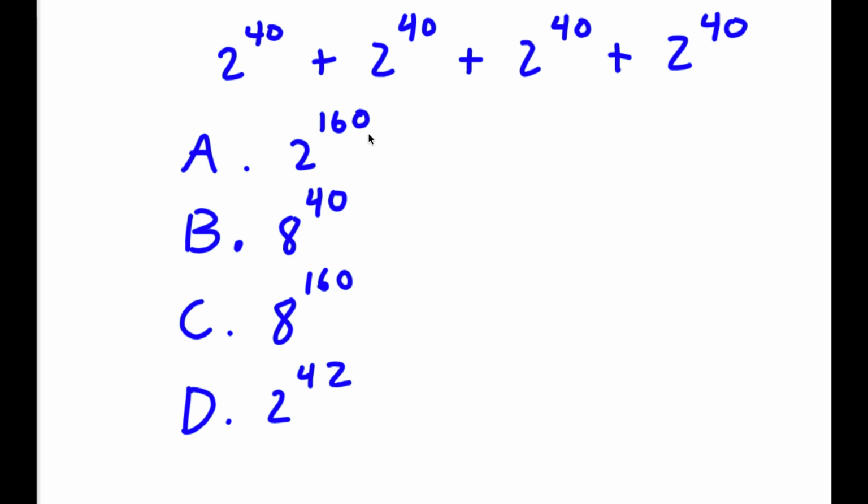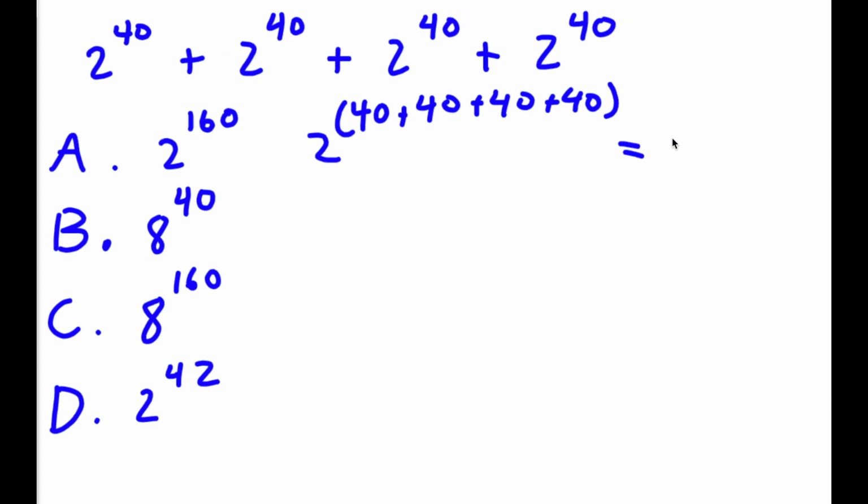Alright, so let's try and check every option choice. So for 2 to the power of 160, how you get this is you simply just add up the exponents and keep the base. So you do 2 to the power of 40 plus 40 plus 40 plus 40.